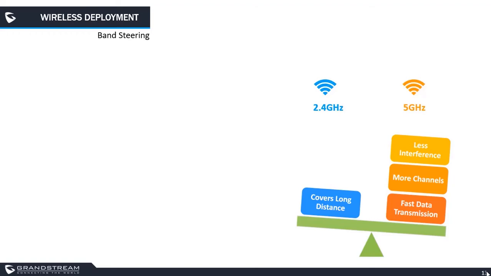While the 5 gigahertz band provides a higher data transmission rate, 2.4 gigahertz covers a larger area but sacrifices speed.